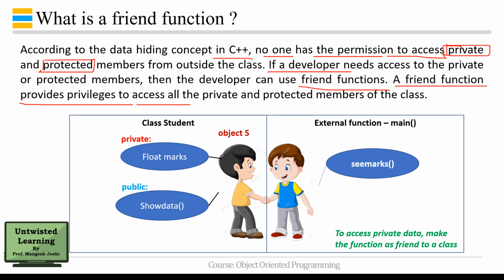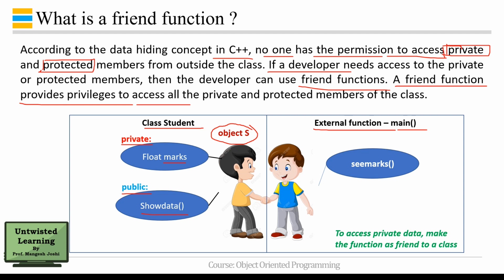Now you can see this picture. There is a class Student in which you have a private variable marks, and a public function showData, and only the object of this class can access the marks of this student. Now suppose some external function, that is the main function, wants to access the marks of this student.